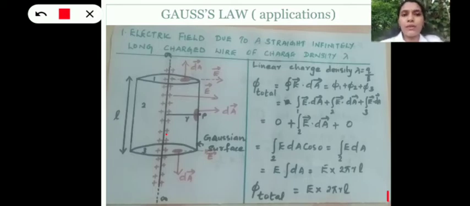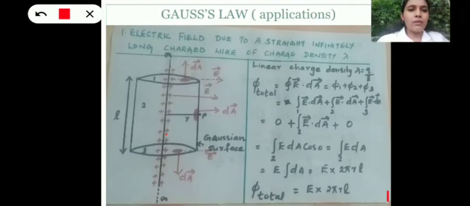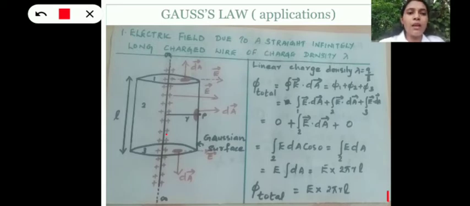We are just considering a portion of that infinitely long straight wire, and L is the length of that cylinder. A cylinder has three surfaces: one curved surface, which is represented by 2, and two end surfaces represented by 1 and 3.